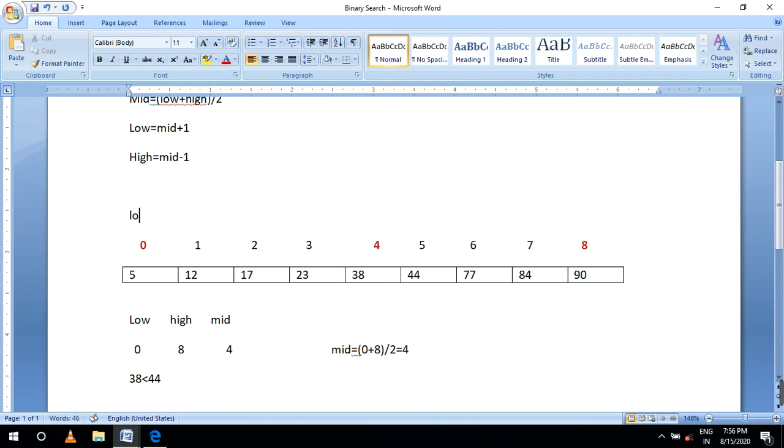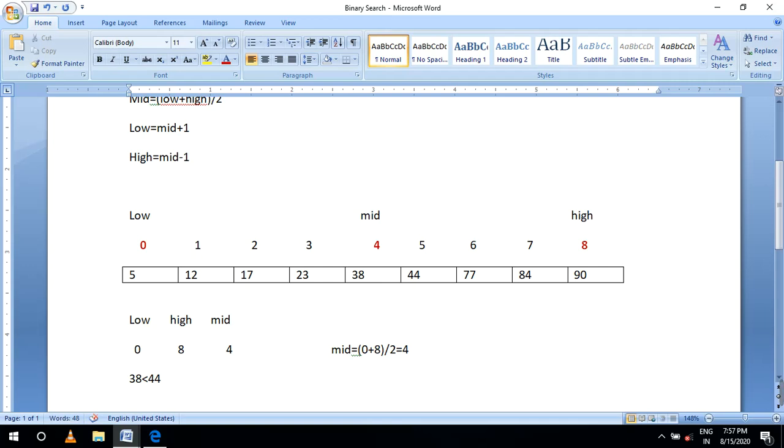This is the low level, this is the mid value, this is the high value. Okay, now you have to understand.